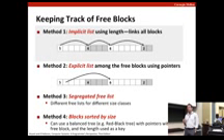So one free list might hold blocks of size 0 to 8, another free list might hold blocks of size 9 to 16, and another 17 to 32. And so when you're traversing a certain list, you know the range of sizes of the blocks in that list.